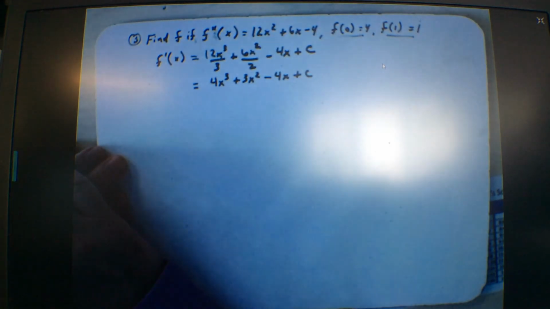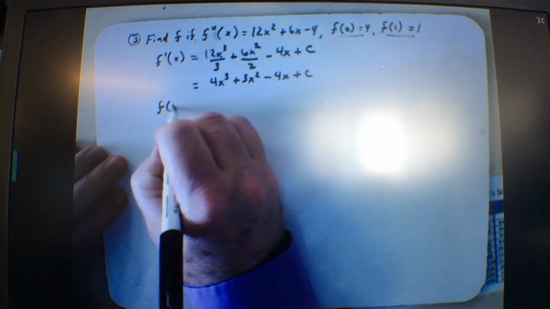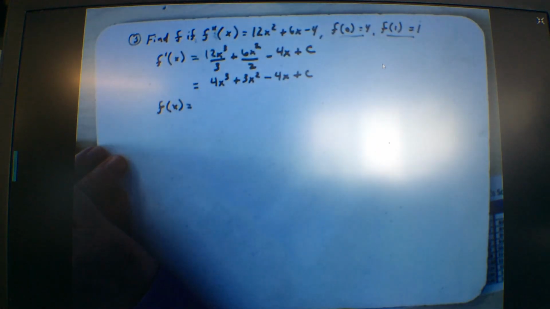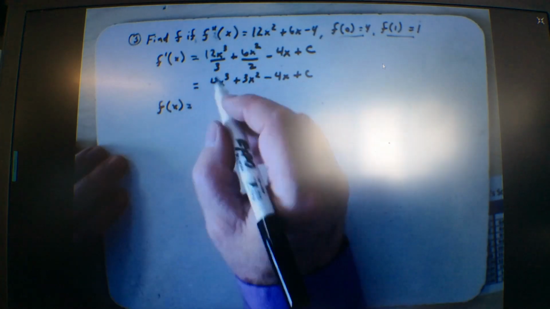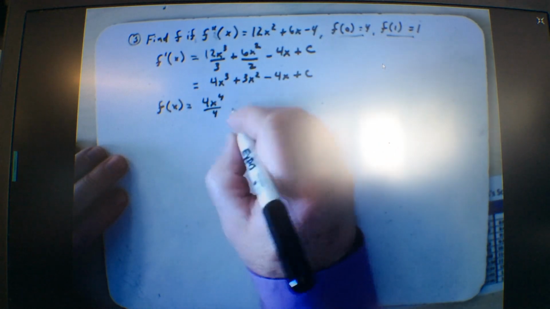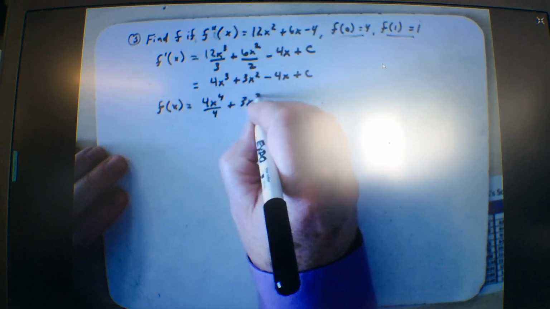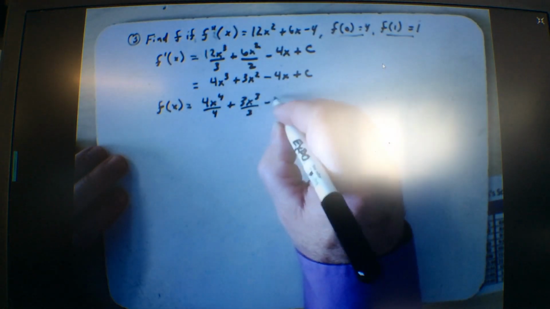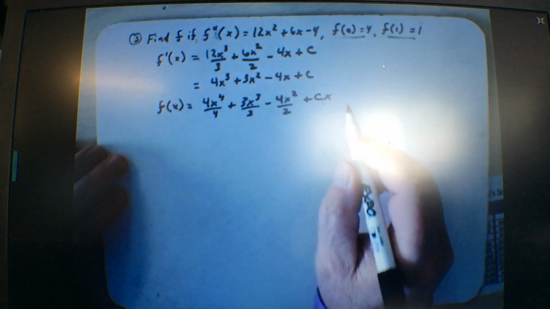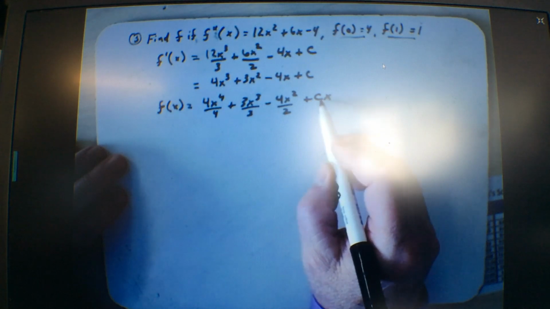Correct? All right. Now I'm going to find the original function, which is actually taking the antiderivative of the derivative. So once again, I'm going to raise it up: 4x to the fourth divided by 4 plus 3x cubed divided by 3 minus 4x squared divided by 2 plus cx. You see where the x comes from on the c?